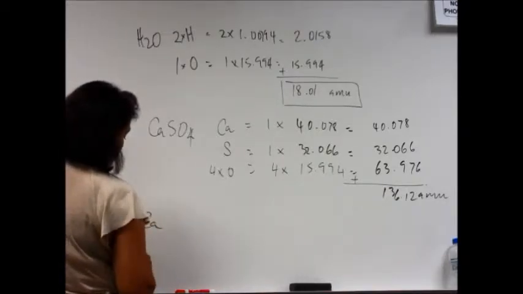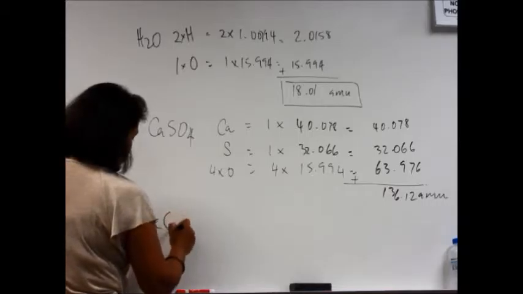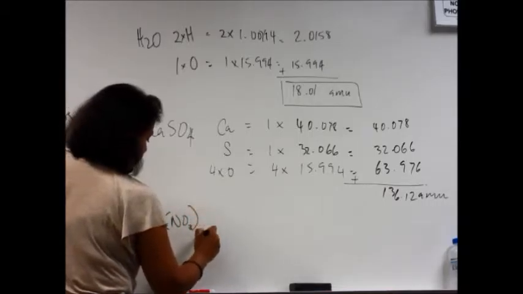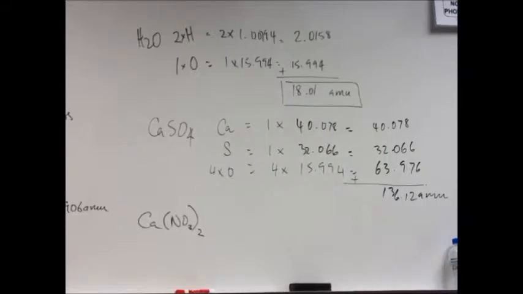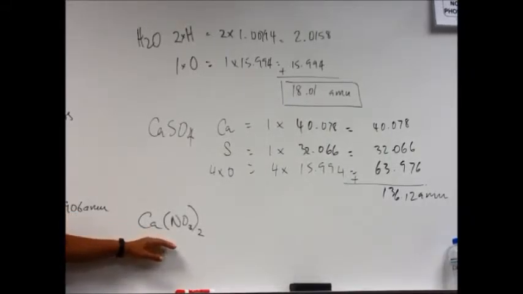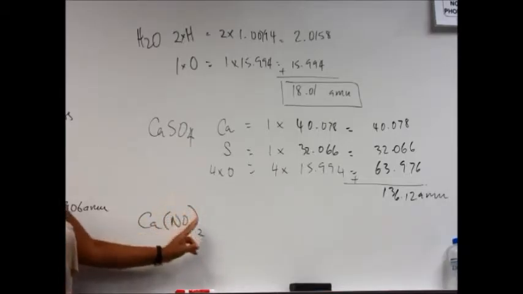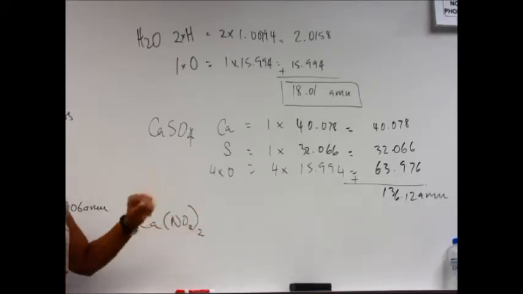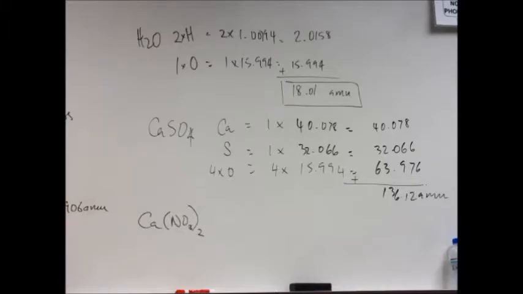If you have something like calcium nitrate, make sure that you multiply everything that you have inside the brackets by 2 or whatever number is supposed to be there. So please don't forget to do that.